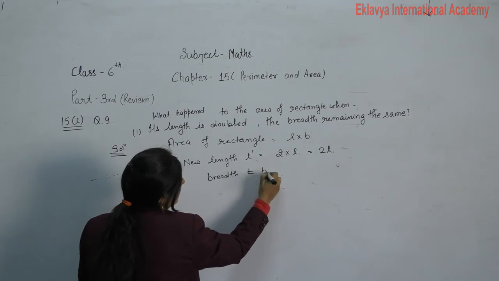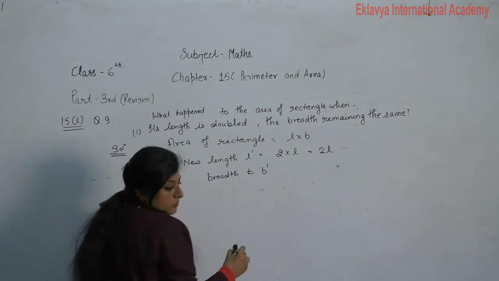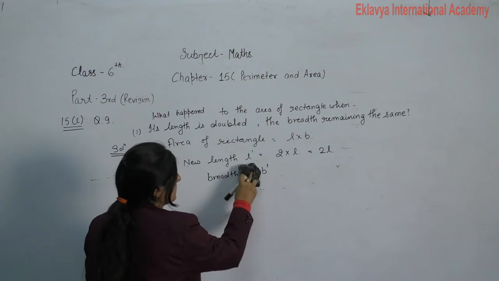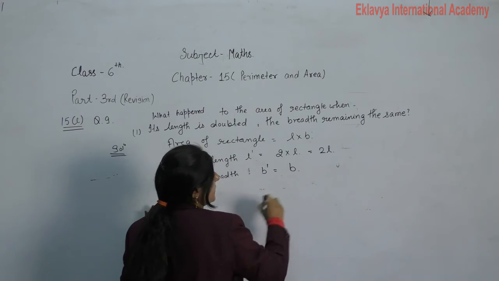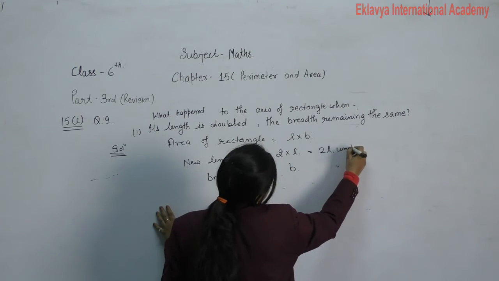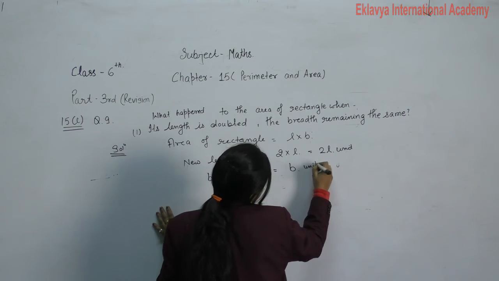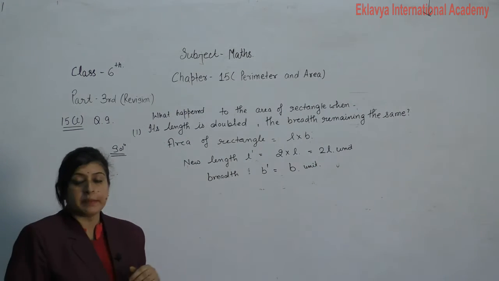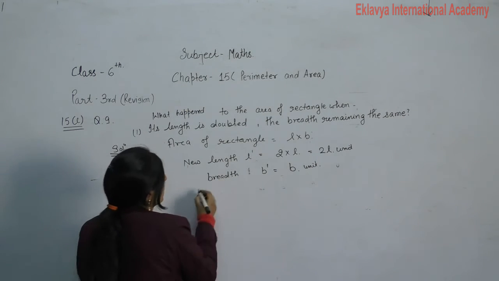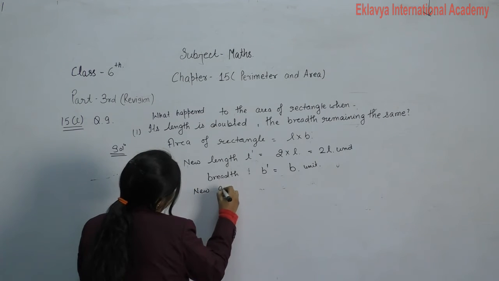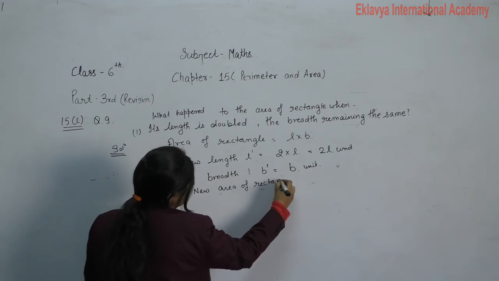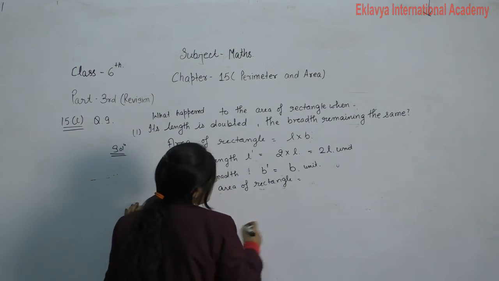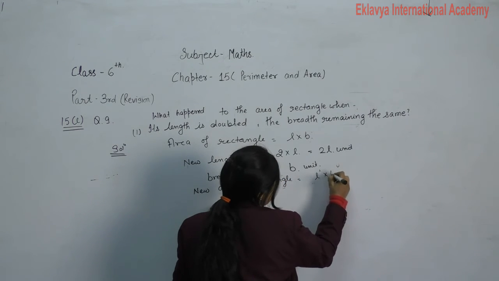Breadth remaining the same, then breadth B dash is equal to same. It means पहले B थी तो अब भी क्या है B, breadth same. Now the new area of rectangle is equal to L dash multiply by B dash.